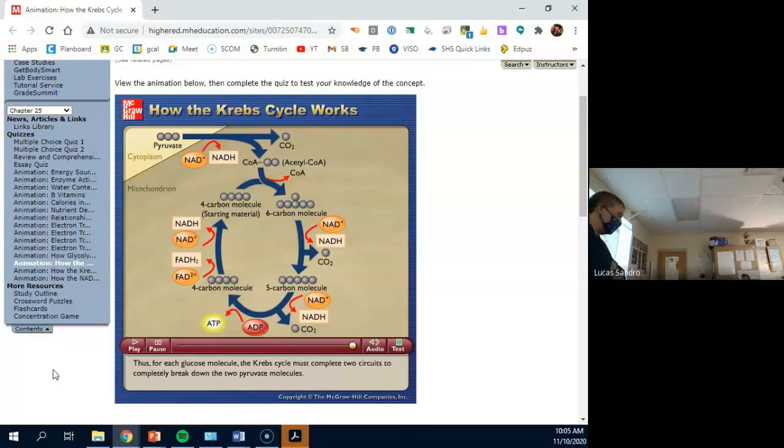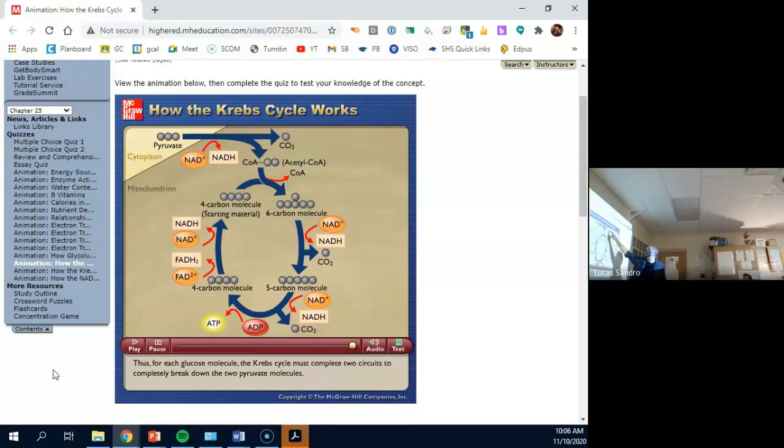Okay, I know it looks like a lot, but understand you don't have to memorize this diagram. Here are the high points of what's going on here. First of all, just in terms of carbons, notice that what's happening here is pretty simple. We're taking a molecule that was made from pyruvate and this 4-carbon molecule right here.